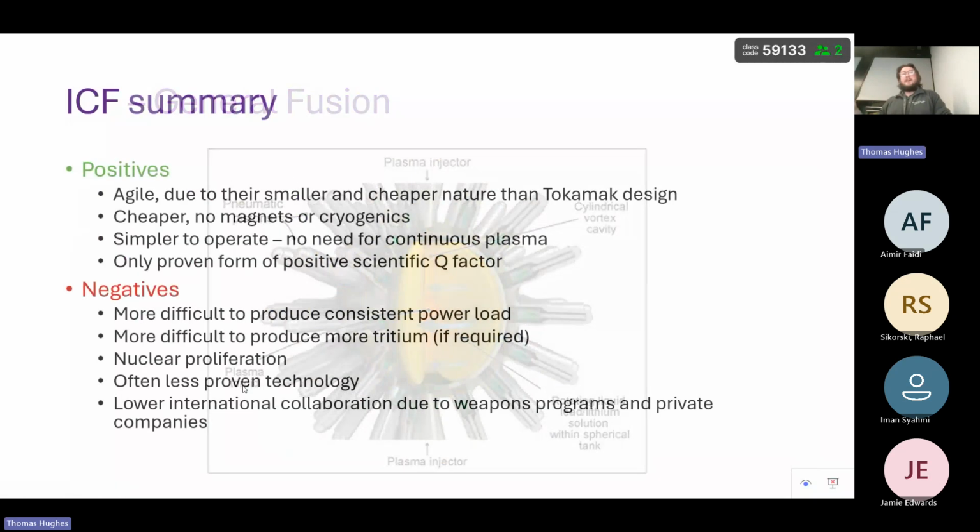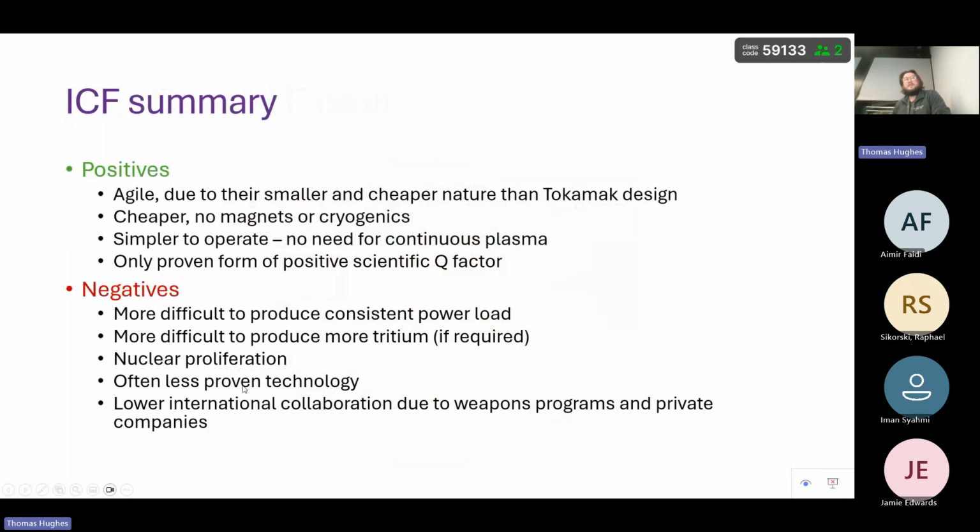Generally with ICF, the companies are more agile because they're much smaller and cheaper. So they can make a reactor or test bed, test it, break it, whatever, and carry on. They haven't wasted loads and loads of money. So it's much cheaper. There's no magnets. Generally, maybe I shouldn't have written this, but it's simpler to operate because you don't have to worry about plasma confinement.